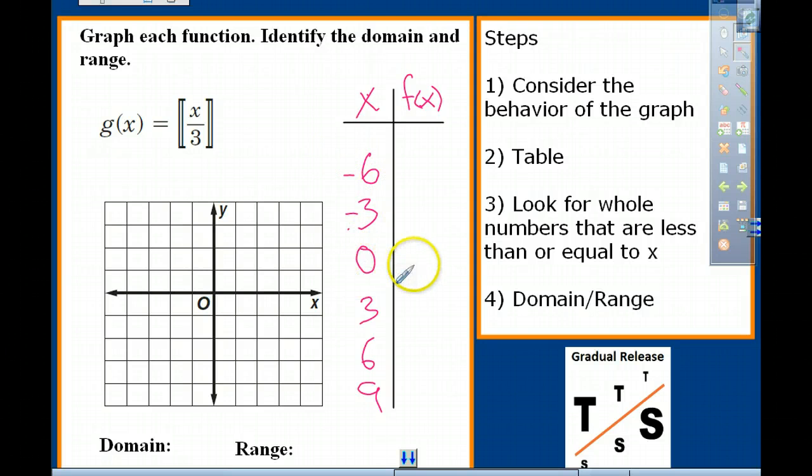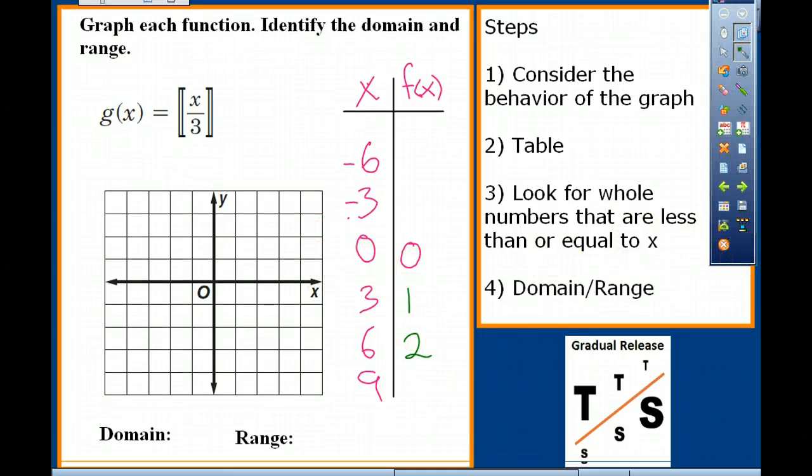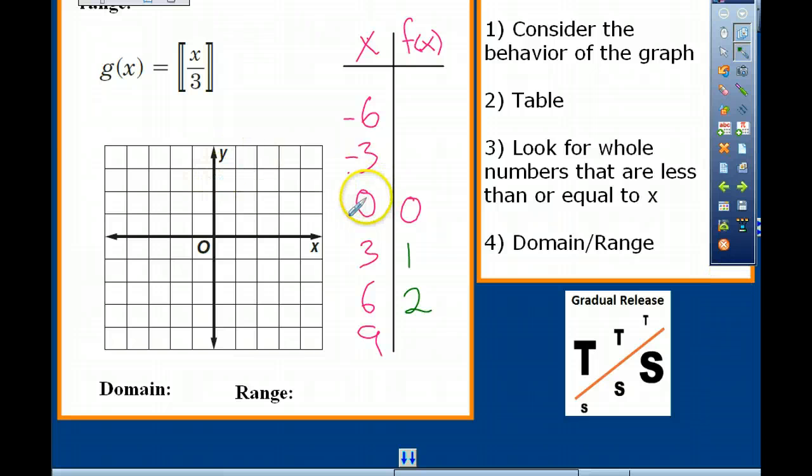Plug in 0, what do we get? 0 divided by 3 is 0. Plug in 3, what do we get? 1. And plug in 6, what do we get? 2. Now let's read this carefully. This is a good time to pay attention.